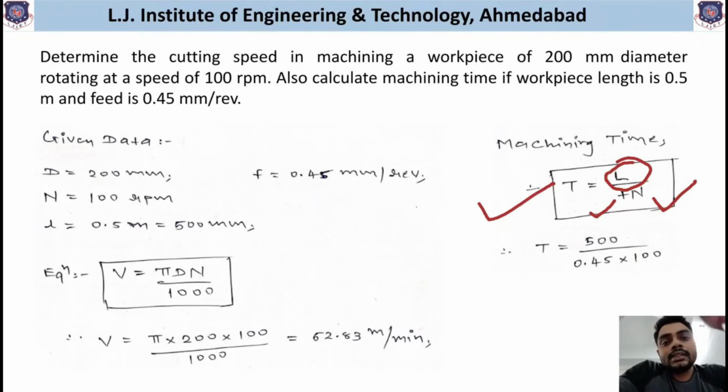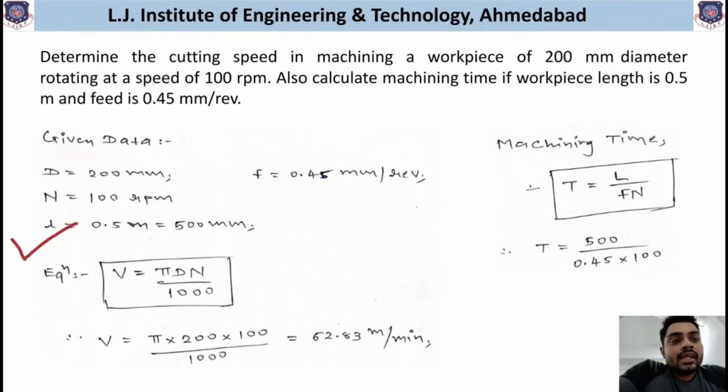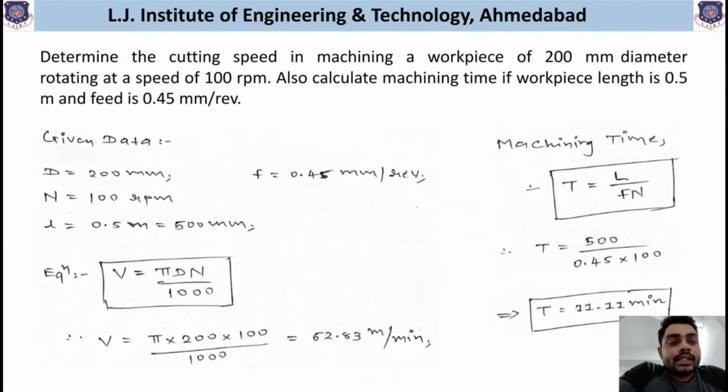So now as you can see, we have the value of L, that is 500 mm, we have the value of feed and we also have the value of N. So just put these values in this equation. As we put L, that is 500, feed, that is 0.45, and N, that is 100, just solve this equation using a calculator and you will get the answer, that is 11.11 minutes.